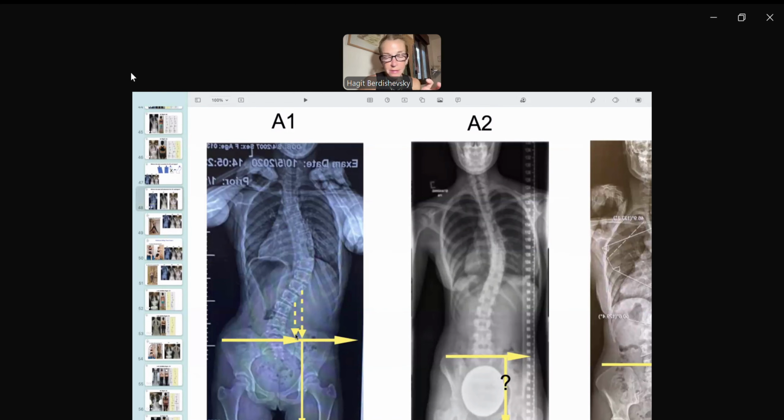So in this particular curve type, subtype, it's preferred actually to put the belt in the center, not to overcorrect the pelvis, just to bring the pelvis probably to the center and elongate the spine.